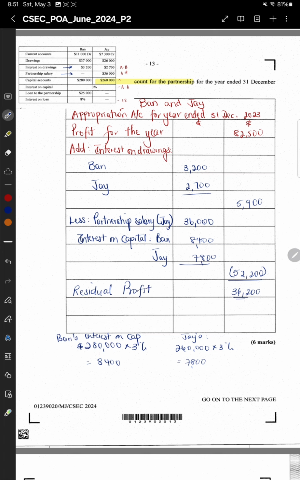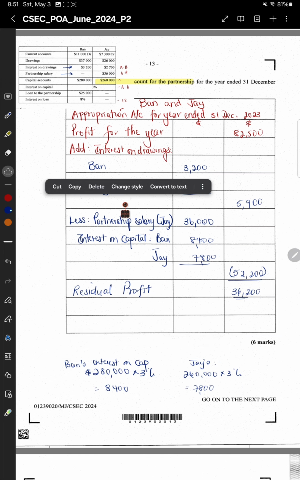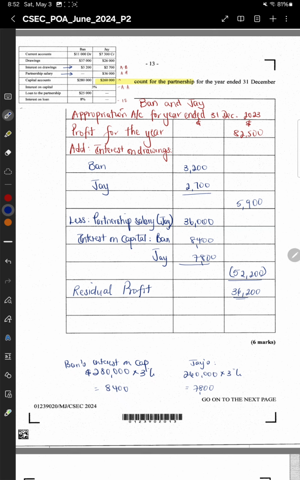And then we have to share the profit, and this space is so limited. Anyway, share of profit. Ban is receiving three shares and J is receiving 2.